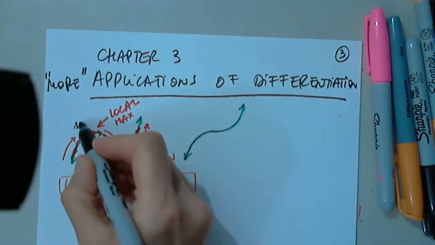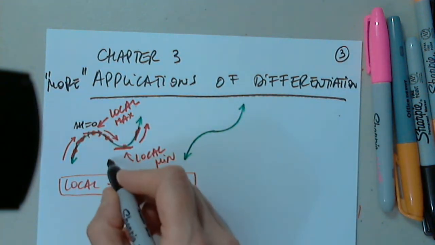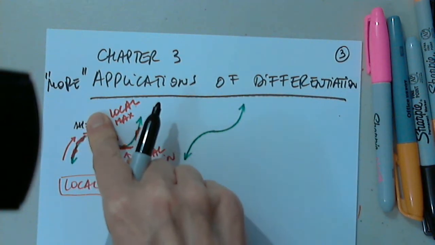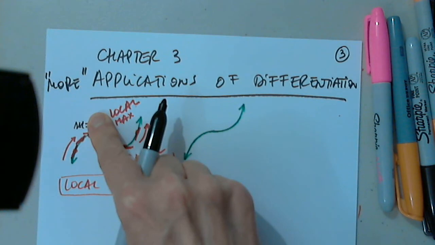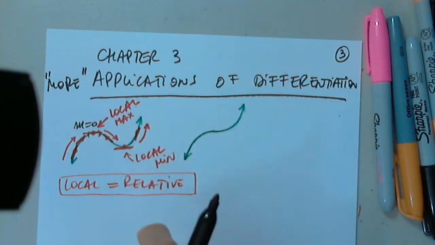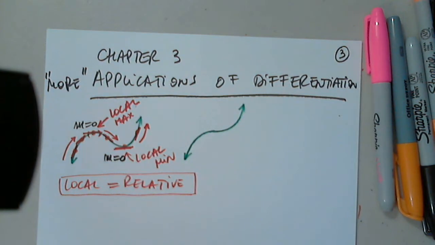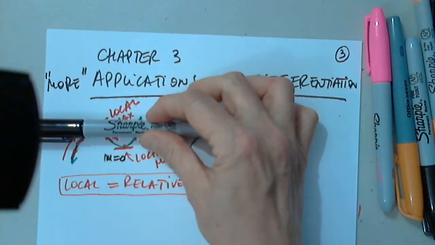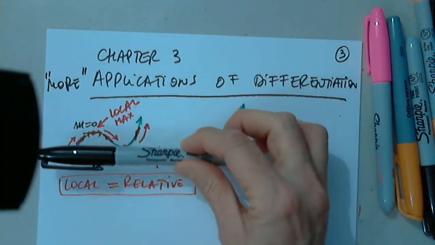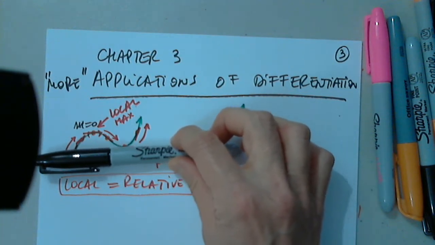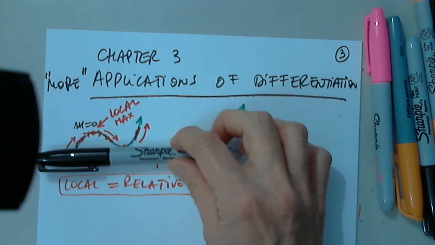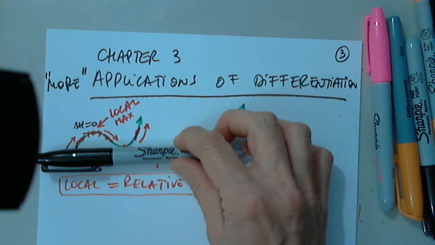What is the slope here? And what is the slope over there? 0. Thank you. So every peak, every local max, local min, will have a tangent that always has a slope that is 0.